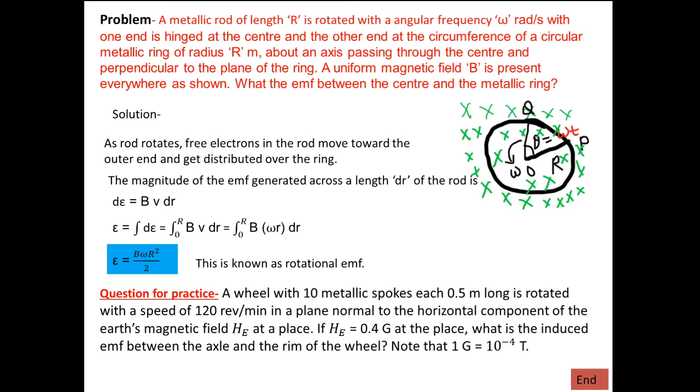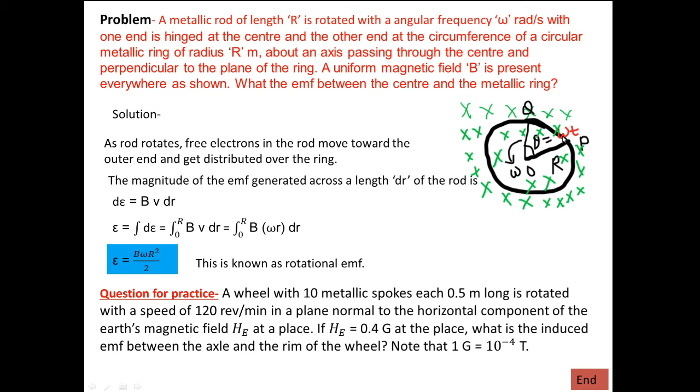Now see this another very important problem. A metallic rod of length r is rotated with angular velocity omega radian per second, with one end hinged at the center.